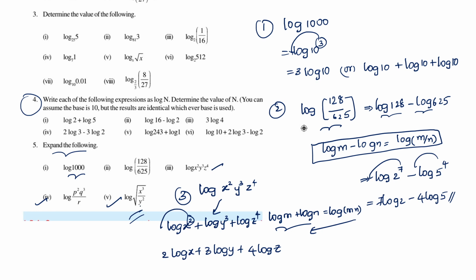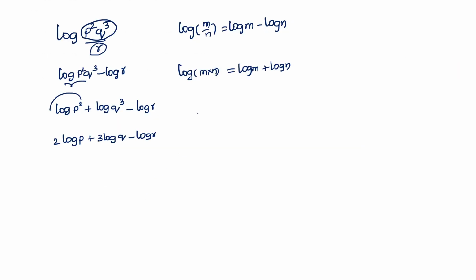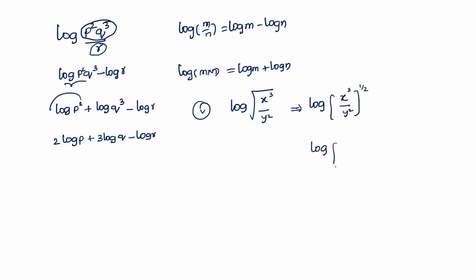Log root of x cube by y square. See next question. Log root of x cube by y square. Now it can be written as log of x cube by y square whole power 1 by 2. So that means it is nothing but log x power 3 by 2 by y power 2 by 2.